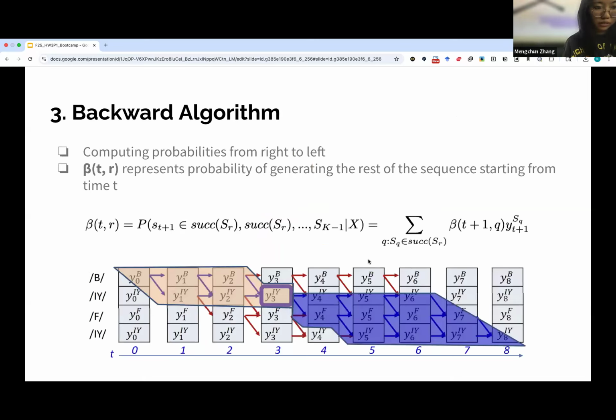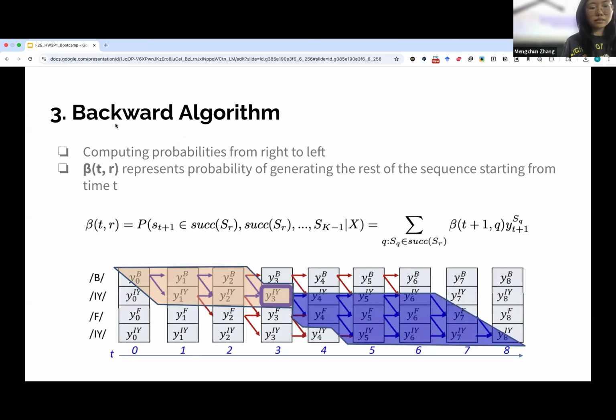Okay, let's move on. After calculating the forward probability, let's see how we calculate the backward algorithm. Our forward algorithm is calculated from left to right, but the backward algorithm is calculated in reverse. It calculates the probability from right to left, and it is denoted by beta t comma r.